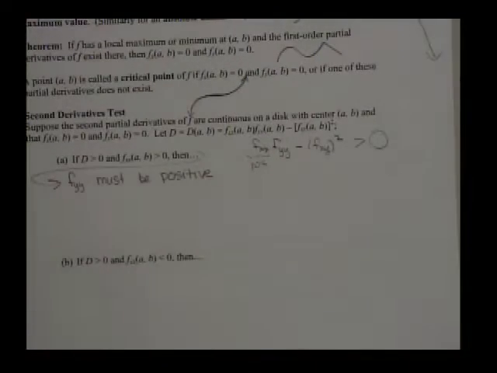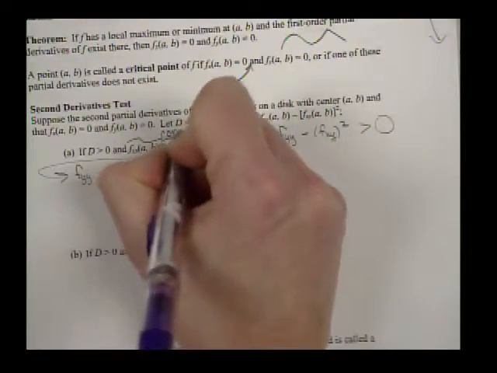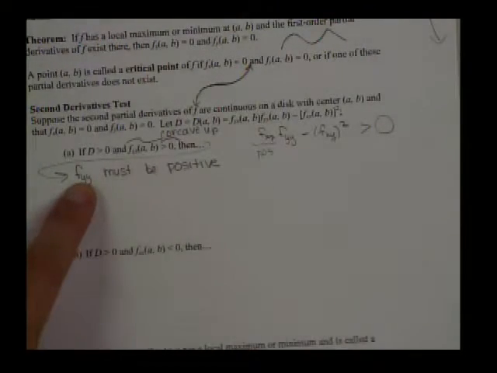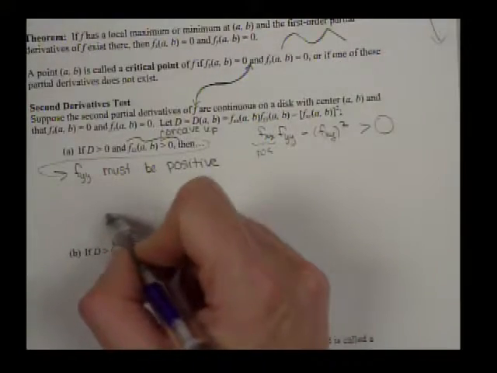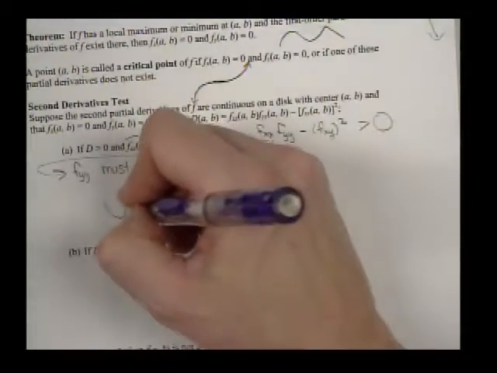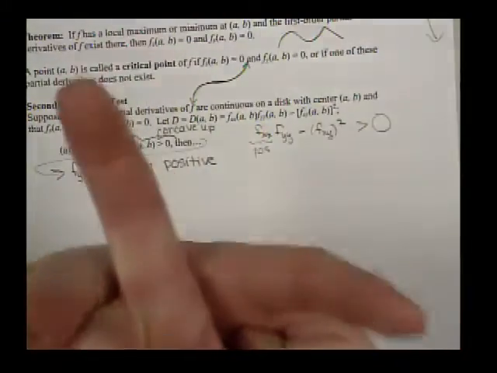And remember from Calc 1, what the second derivative tells us about is concavity. If the second derivative is positive, the graph is concave up, right? So this means concave up parallel to the x, and this means concave up parallel to the y. So here's concave up parallel to the x, and then here's concave up parallel to the y.